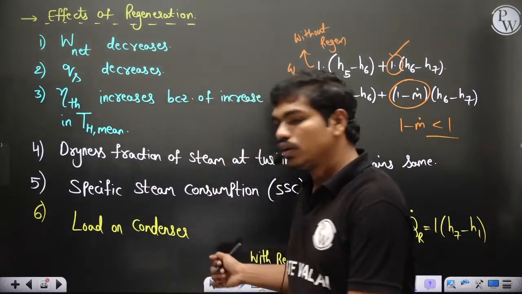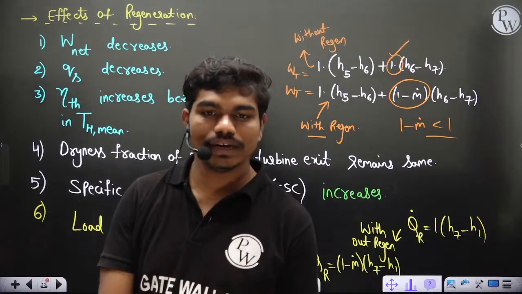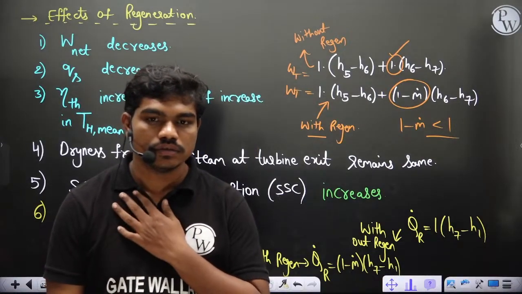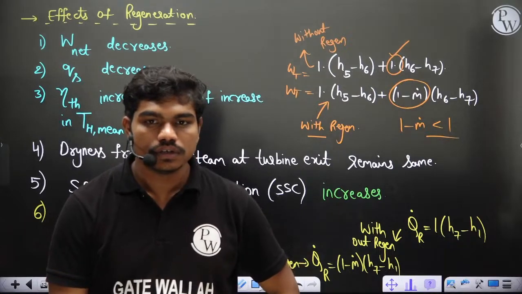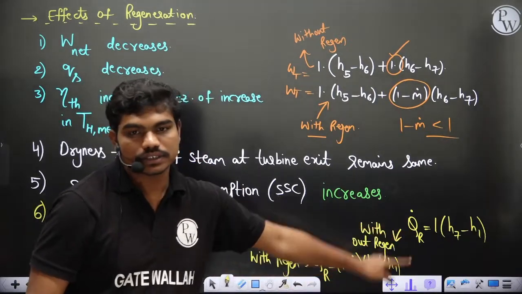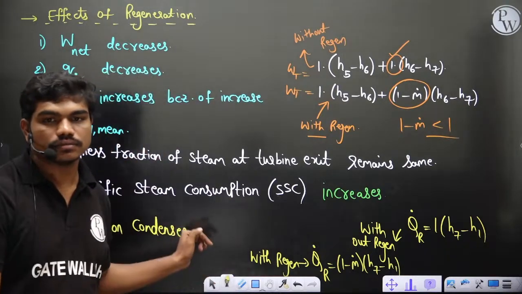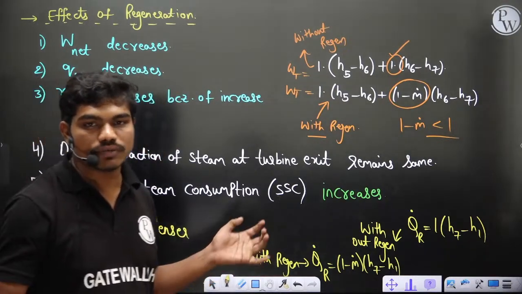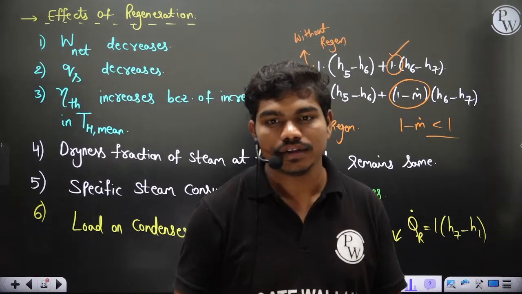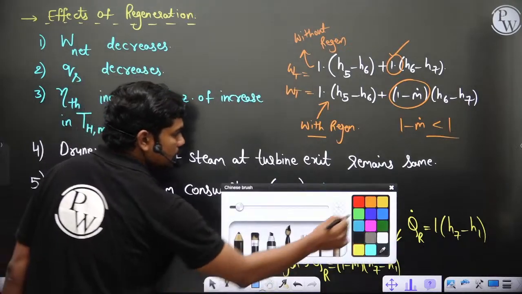Will it increase or decrease? Load on condenser means the amount of heat removed from the working fluid in the condenser. It will decrease, correct? So this quantity, load on condenser, decreases.